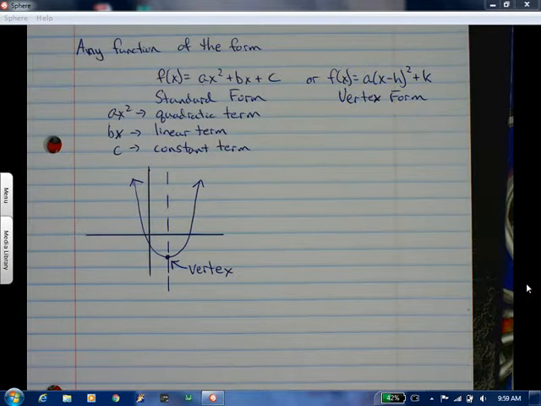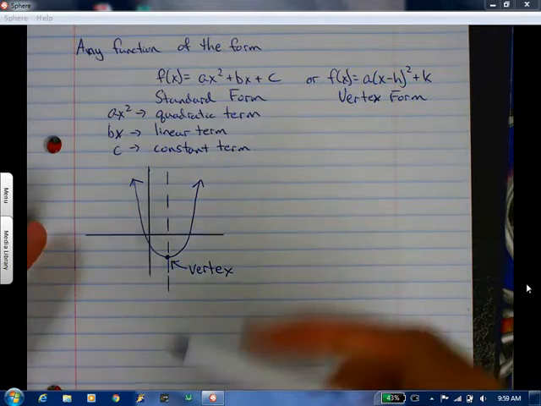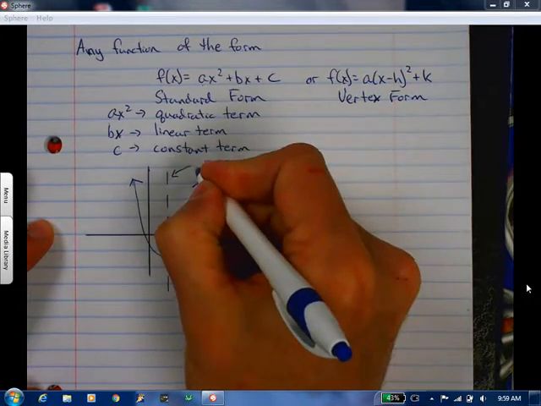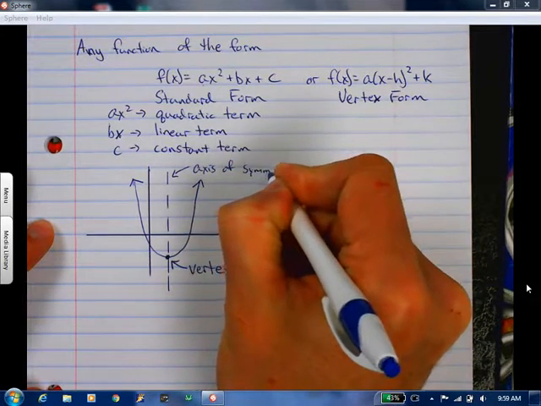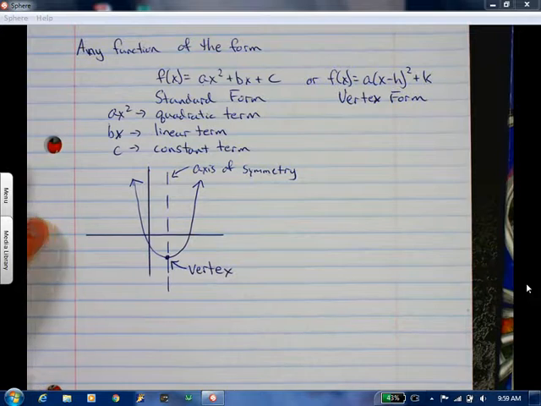Okay, so we could spin our parabola on that line, and it would just spin around, right? So what do we call a line that goes through something that something can spin on? The Earth has one. Axis. Good. So this right here is called the axis of symmetry. So we have an axis of symmetry.